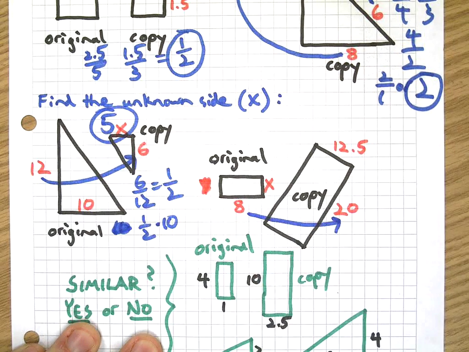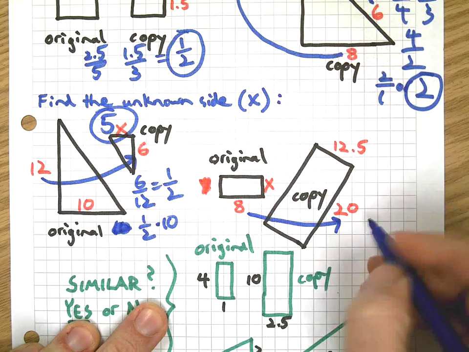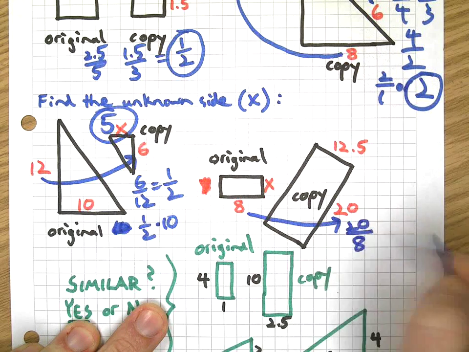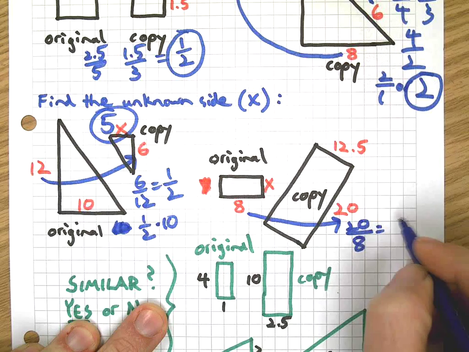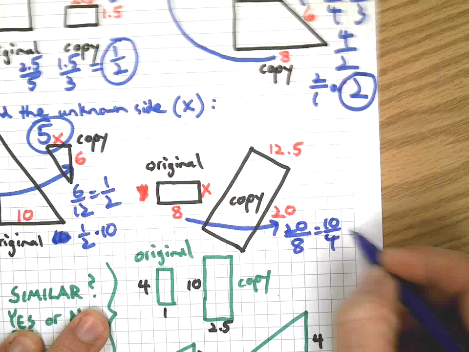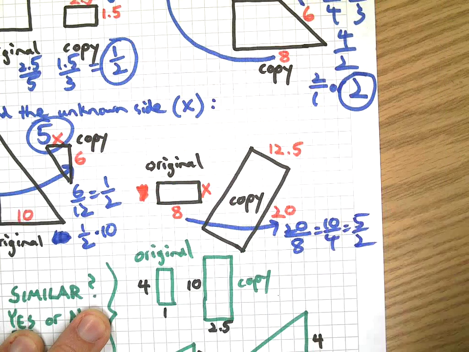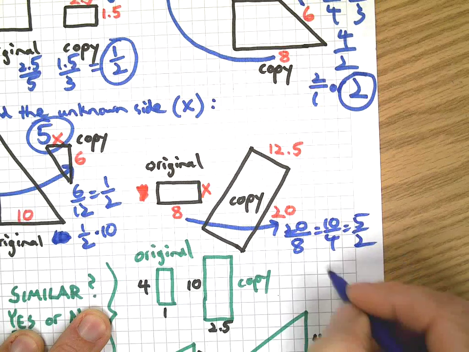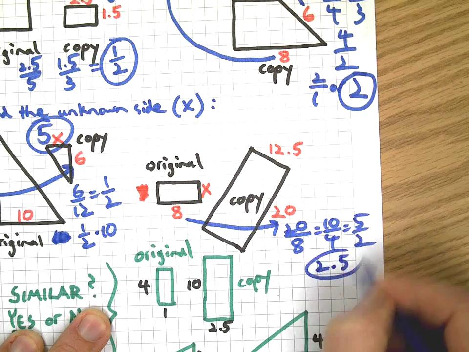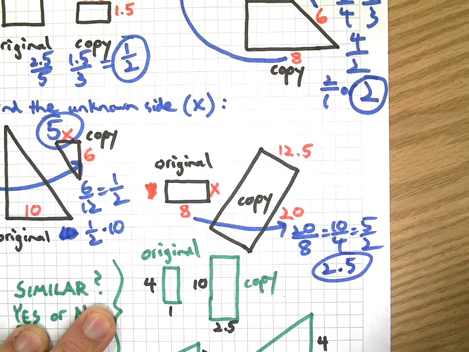Okay, there is a corresponding side pair. 20 over 8 equals what? If I simplify it, 10 over 4, 5 over 2, or I could say it's 2.5, right?